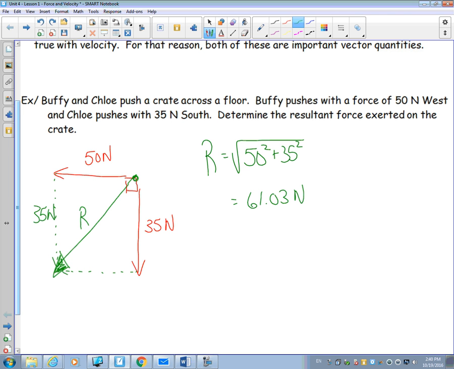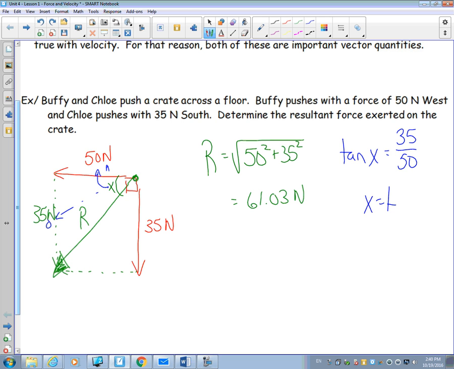And remember, with forces, we need to have a magnitude, a size, and we also need a direction. When we talk about directions, we talk about it in relation to one of the two forces. So in this case, we'll talk about it in relation to the 50 newtons. If we think of this as a right angle triangle, based on where x is, this would be my opposite and this would be my adjacent. I can say the tan of x, just using SOHCAHTOA, is 35 over 50.